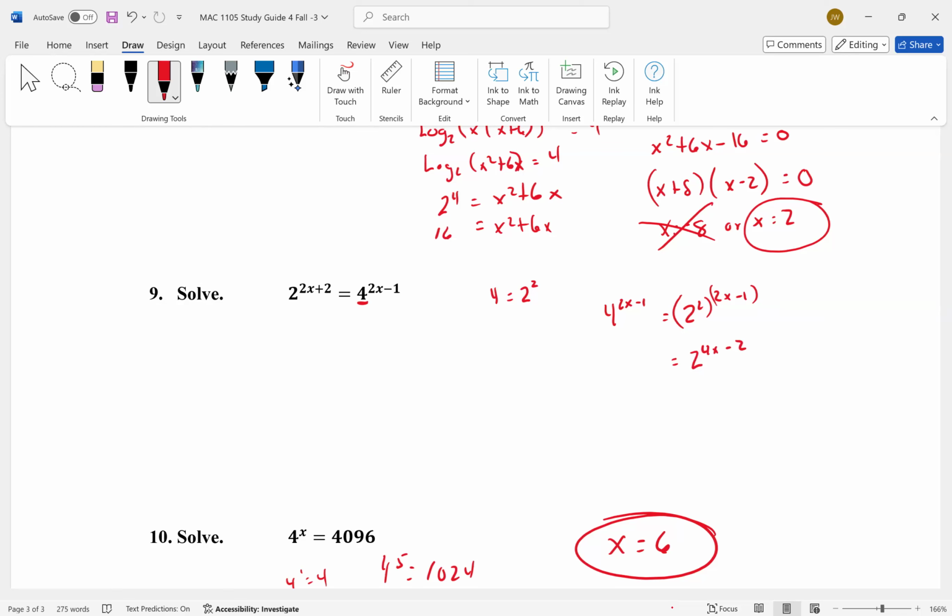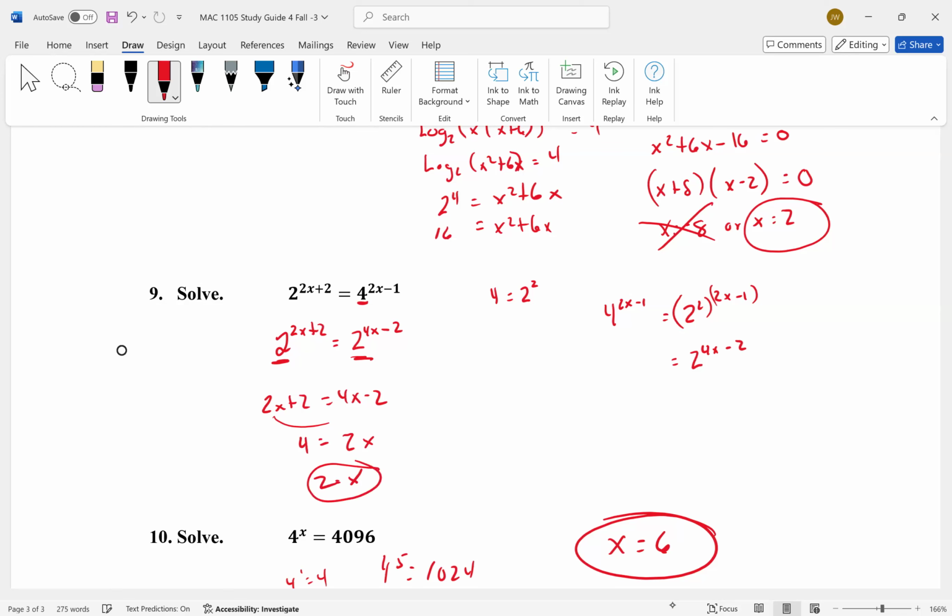So I can rewrite this as 2 to the 2x plus 2 equals 2 to the 4x minus 2. Now, since I have the same base, the exponents are equal. 2x plus 2 equals 4x minus 2. Subtracting 2x, I have 2x. Adding 2, I have 4. So x equals 2.